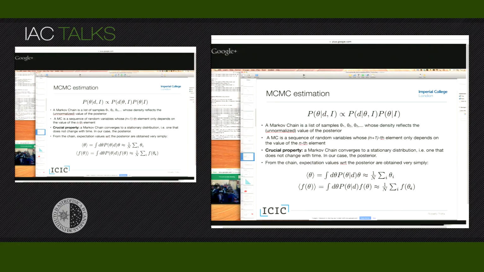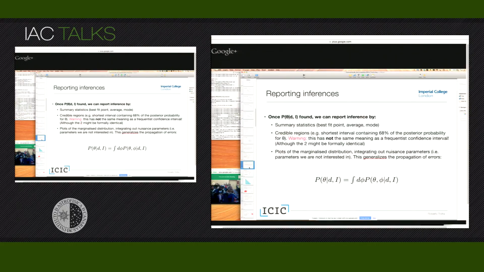You don't just have to compute expectation values and variances, standard deviations. You can, in fact, just as simply plot the entire distribution. Just plot the distribution of the samples in a suitable way, and you have access not only to the mean and the variance of the posterior, but to the full shape of the posterior.